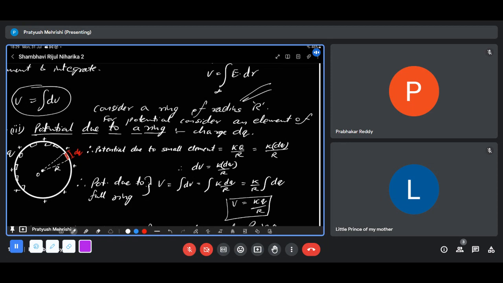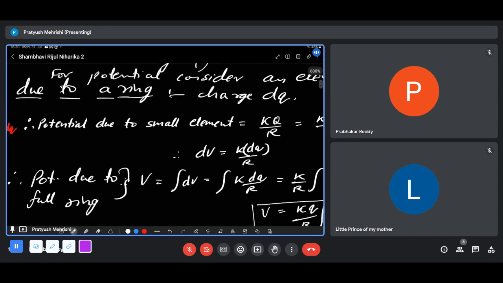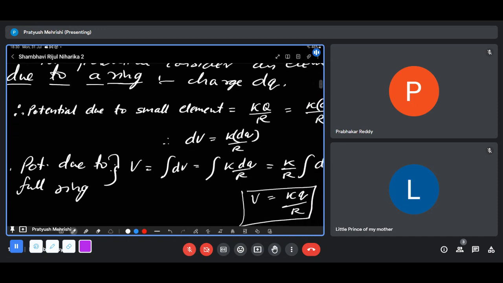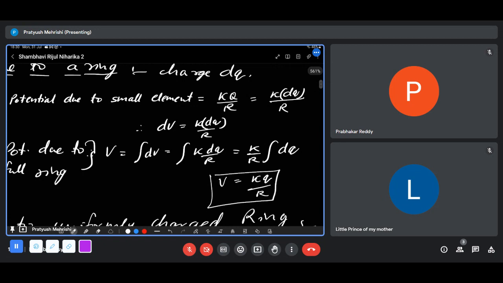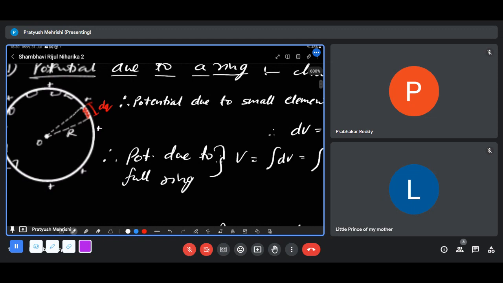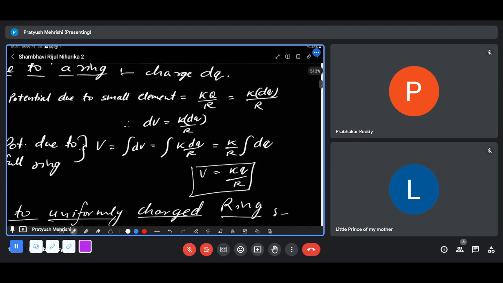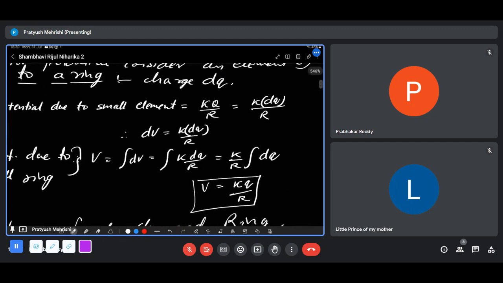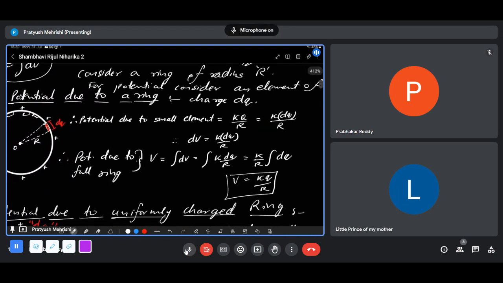So potential due to a small element will be k dq by r. Here dq is the small charge considered on the element. Therefore, potential due to the full ring will be the integration of dV, or k dq by r. k by r will come outside. Integration of dq is nothing but Q, the full charge on the ring. Got it now? Easy this was. Got it.